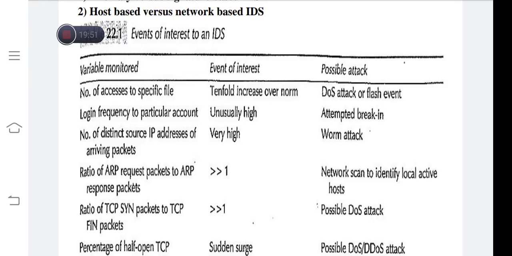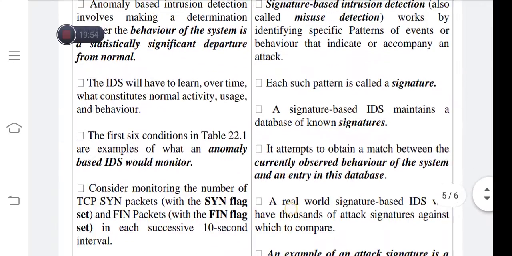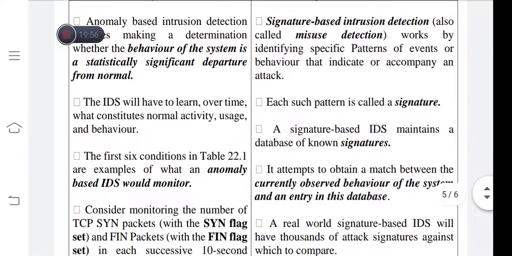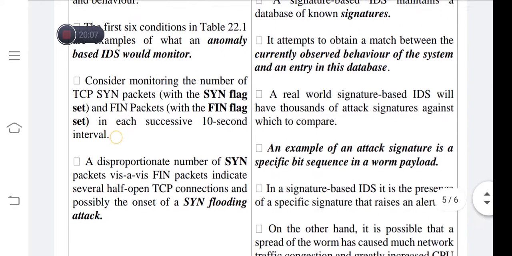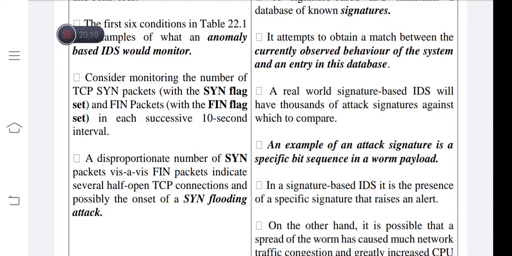Again, depending on the TCP SYN packets and the FIN packets in each successive 10 seconds, a disproportionate number of SYN packets versus FIN packets indicates several open TCP connections and possibly the onset of a SYN flooding attack.